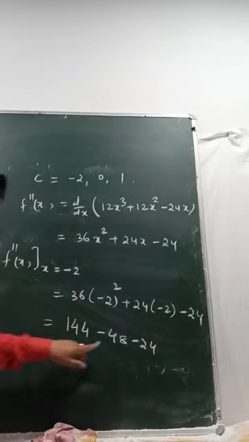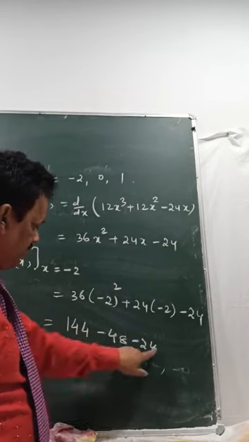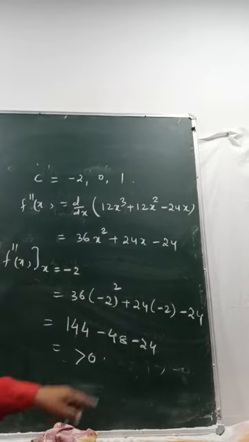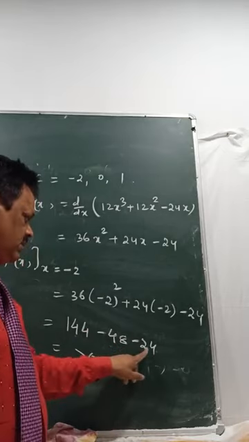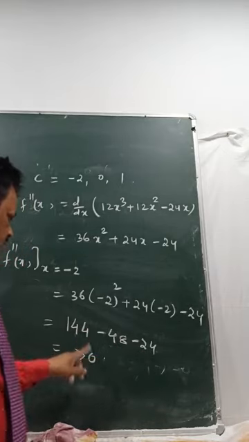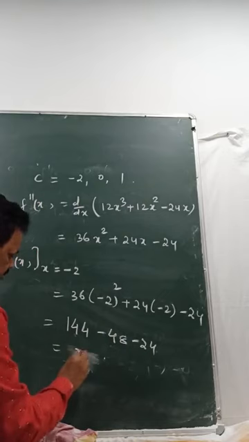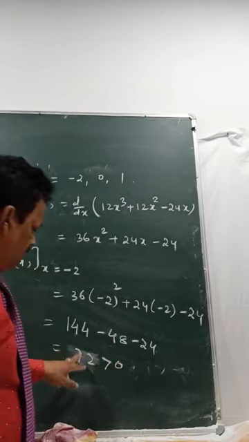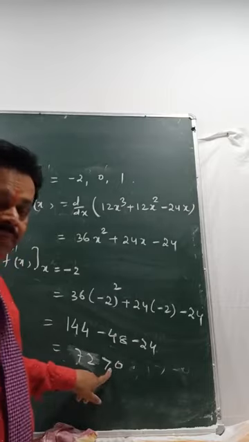Whatever result you get here, 144 minus 72, which is 72, is greater than 0. So greater than 0 means minimum value.